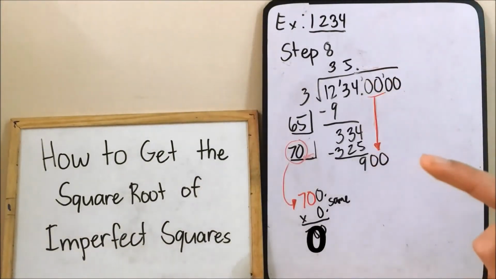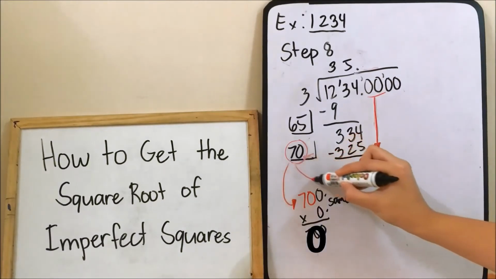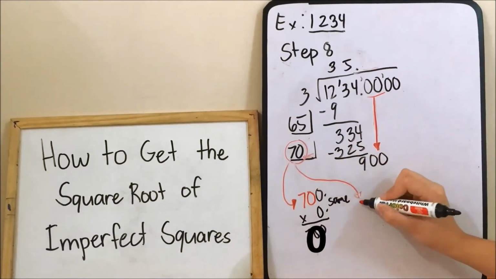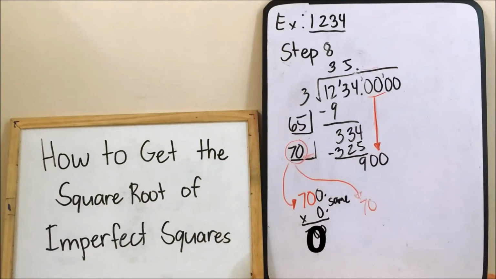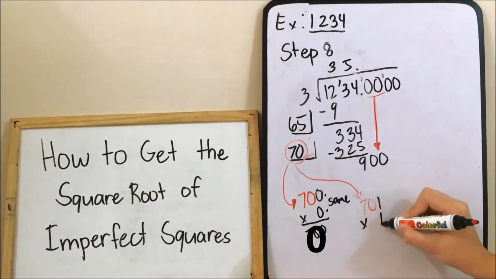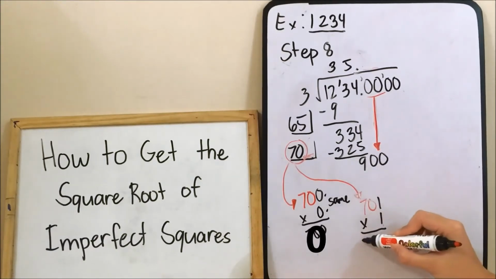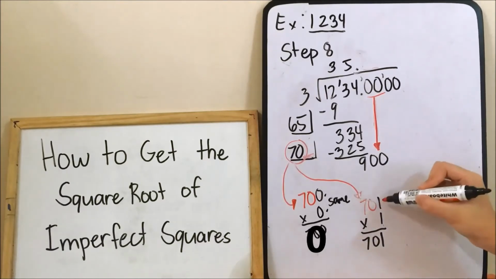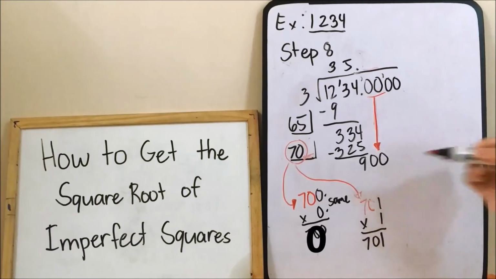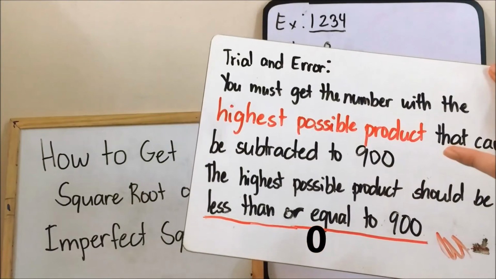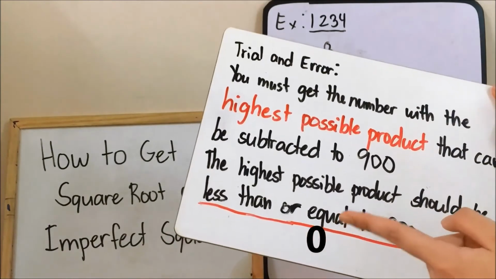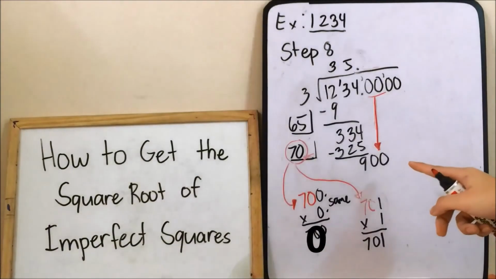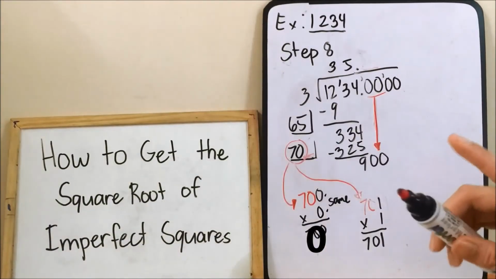So let's try one more number. We'll be using this again. Let's try 1. So 701 times 1 is equal to 701. Remember that the numbers over here must always be the same. So 701 may be the highest possible product, and it is less than 900. But for us to be sure, let's try one more number.